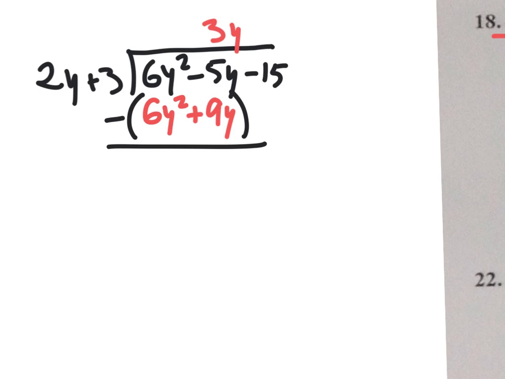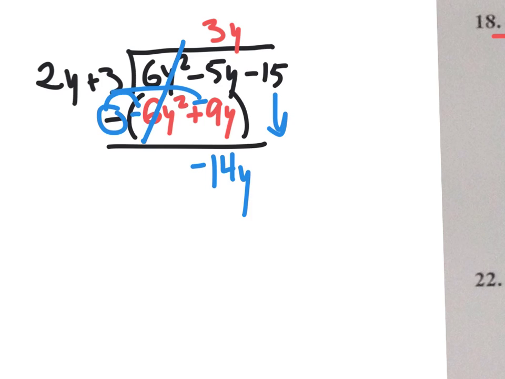So that's really like if I were to distribute the minus sign, I have a minus in there and I'll have a minus over here when I distribute it to both. So if you think about positive 6y squared take away 6y squared, it cancels out. And if you have a minus 5y and a minus 9y, you end up with minus 14y. And of course we're going to bring down the minus 15 and have minus 15 right next to it.